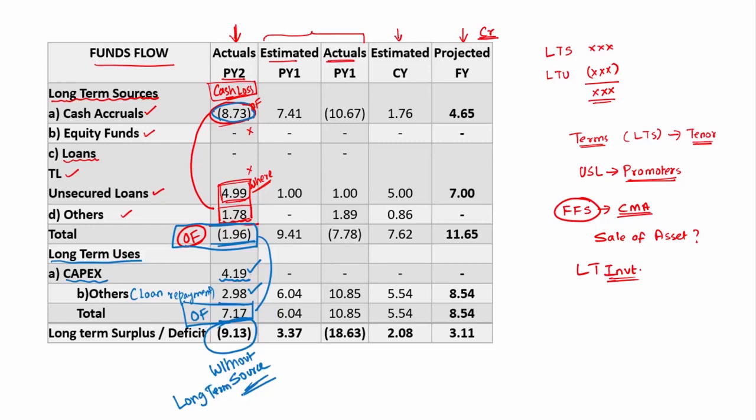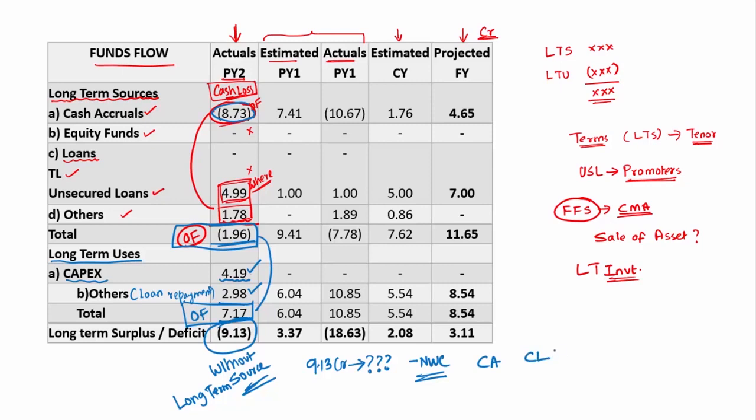Now this is a serious situation, because from where they got this money? They have deficit of 9.13 crore. The question is, from where they got this money? Simple, it is negative working capital. It means they had current asset, but they had current liabilities.